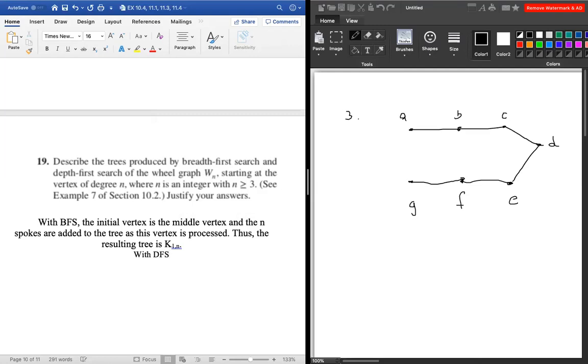With DFS, we start at the vertex in the middle of the wheel and visit a neighbor, one of the vertices on the rim.